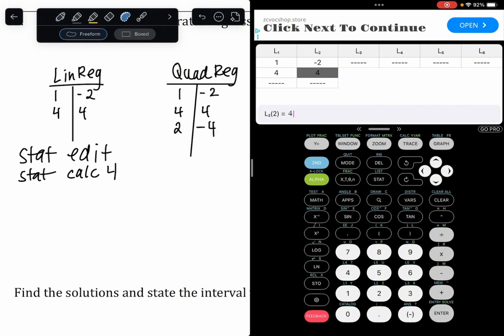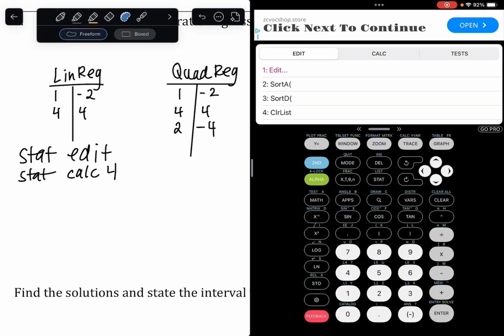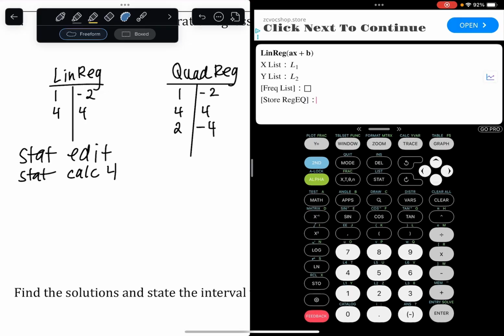Stat Calc 4 for LinReg. And you can store the equation if you want to by pressing Alpha Trace 1, and it'll store that equation in Y1 for you, and then press enter.